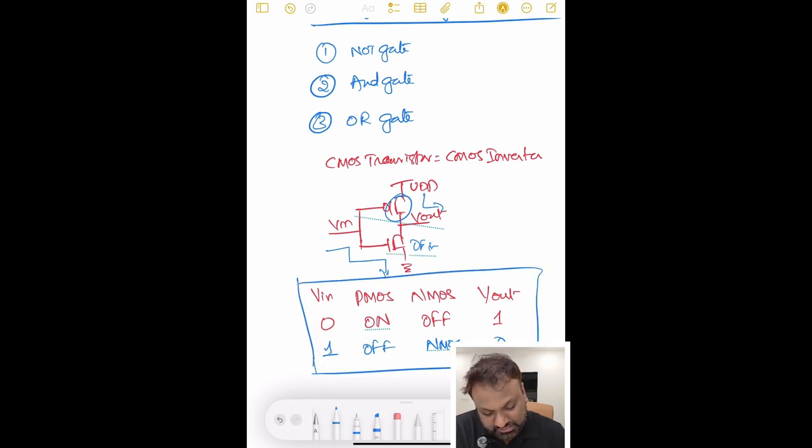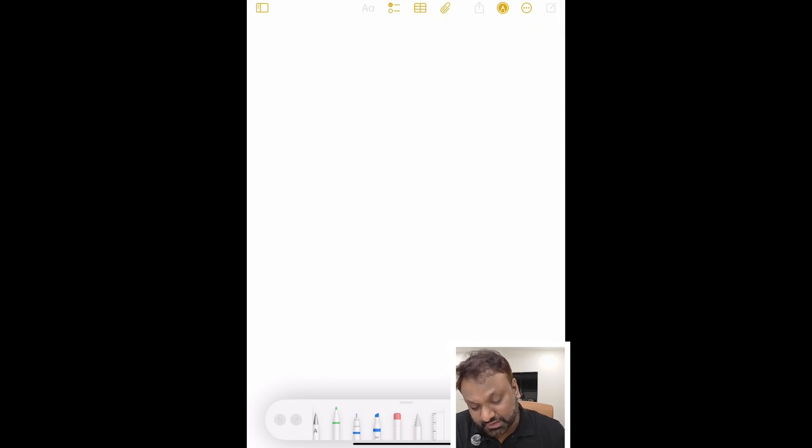So if I give a 0 input, my output is equal to 1, and if I give a 1 as an input, the output is equal to 0. Hence this CMOS transistor is nothing but a CMOS inverter, and that is how a NOT gate is implemented by using CMOS logic family, right?